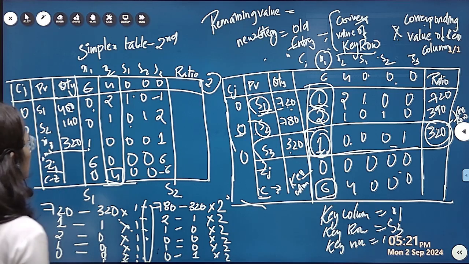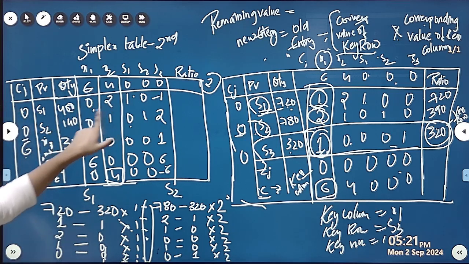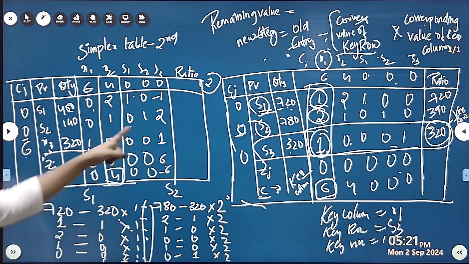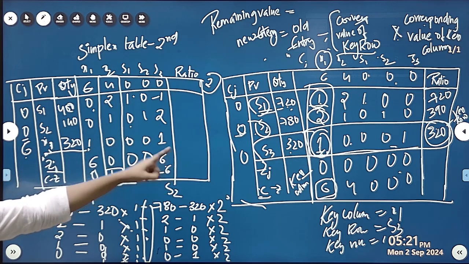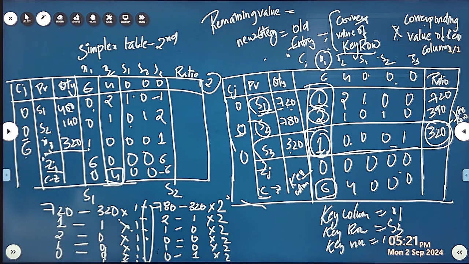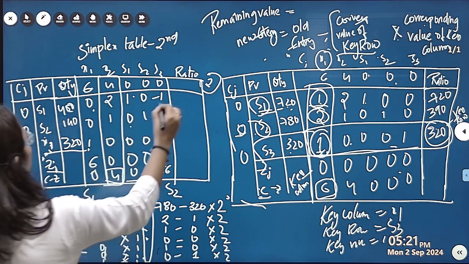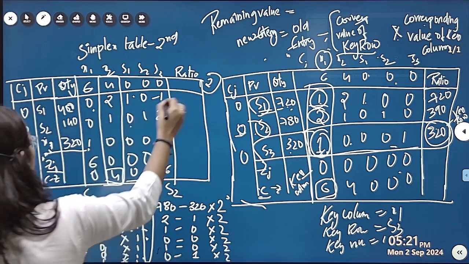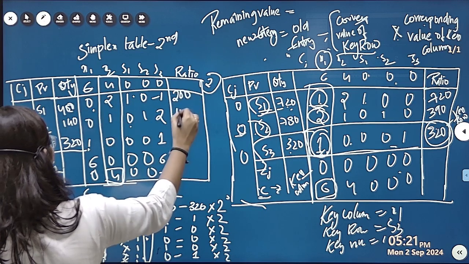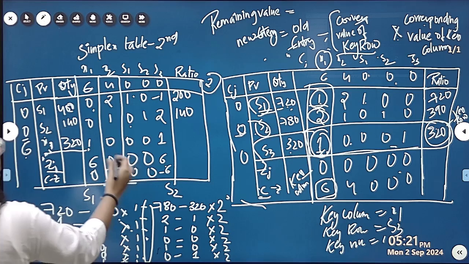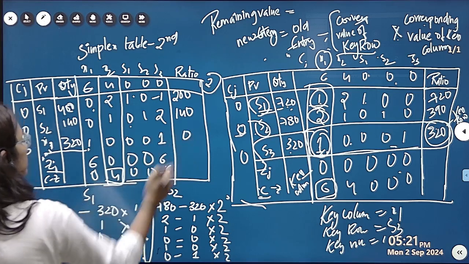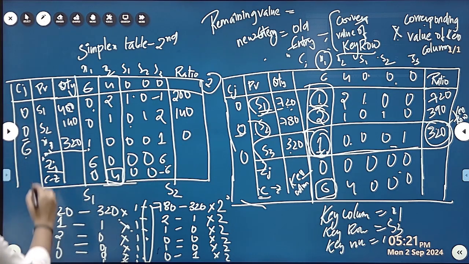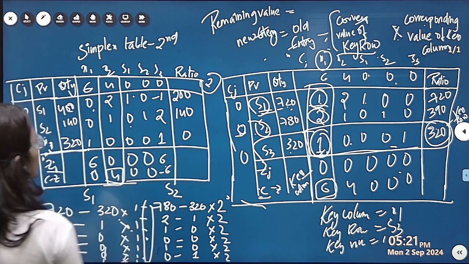Next. So this 400 divided by 2 and 140 divided by 1 and 320 divided by 0. You will get the ratios, right? So write down the ratios. 400 divided by 2, क्या है? 200, right? 140, and this 320 divided by 0 will be 0. Okay, clear here?